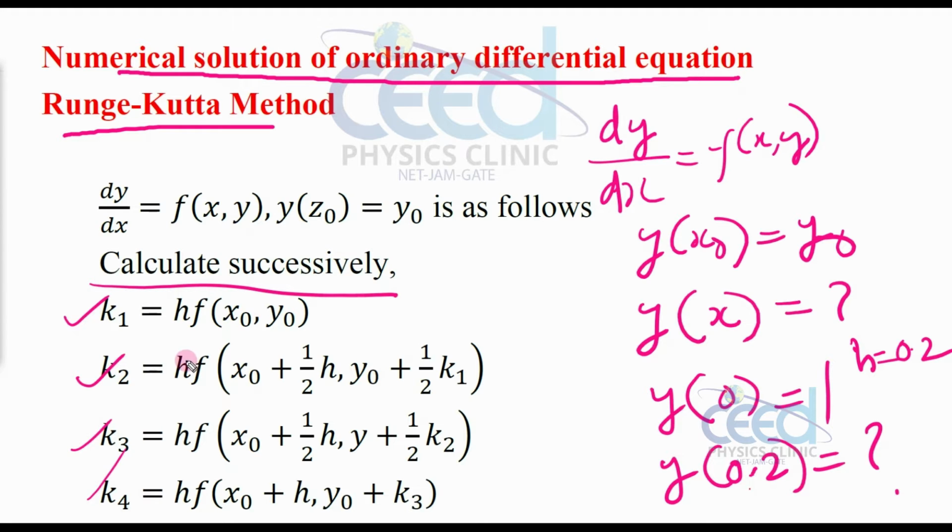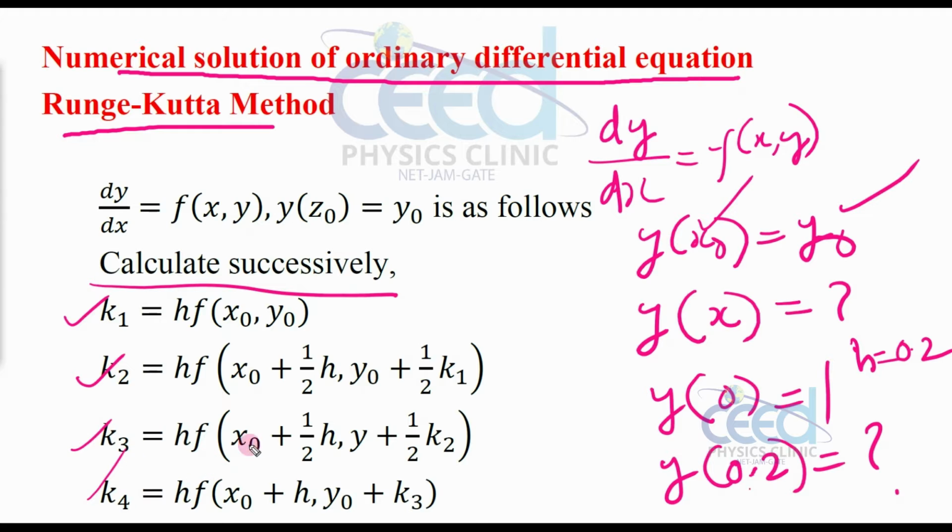Once I get this h value, you can find f of x0, y0, since x0 and y0 are already given in the question. Then the next step, k2 is h f of x0 plus h by 2, y0 plus k1 by 2, where k1 you get from the previous step.